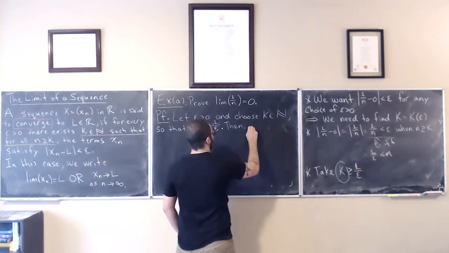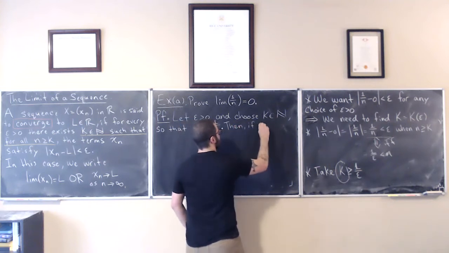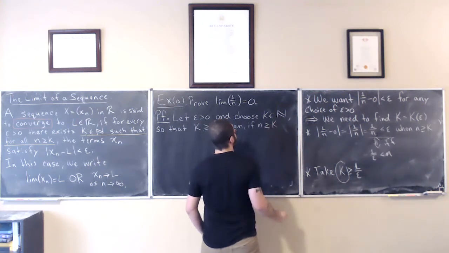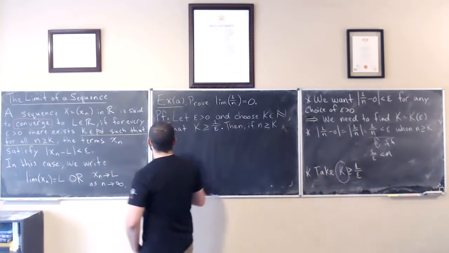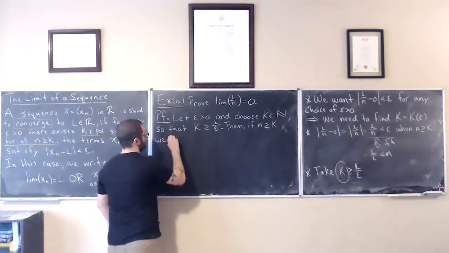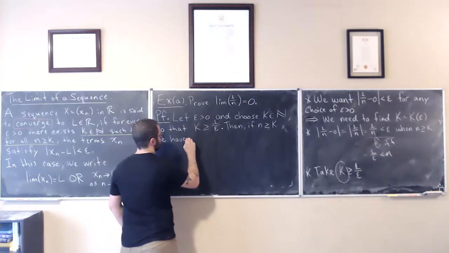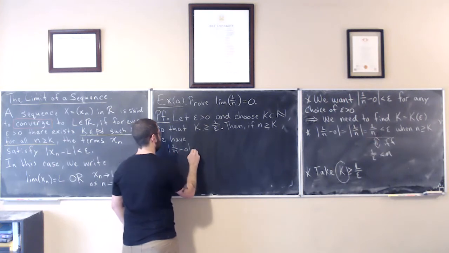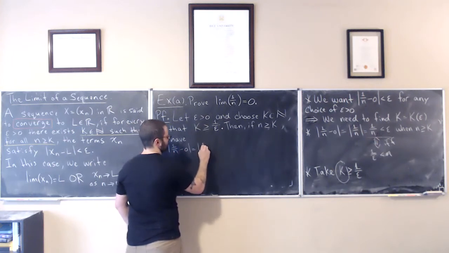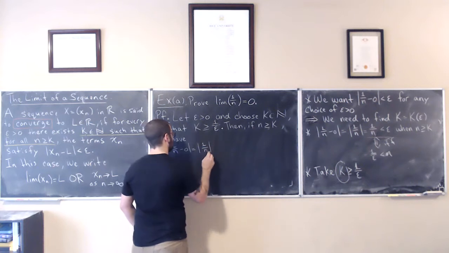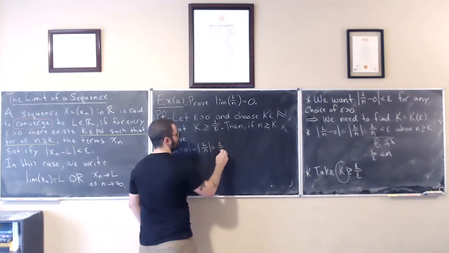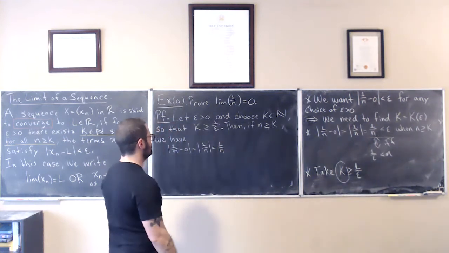Then if n is greater than or equal to k, we have that the absolute value of 1 over n minus 0, which is equal to the absolute value of 1 over n, which is equal to 1 over n, right?